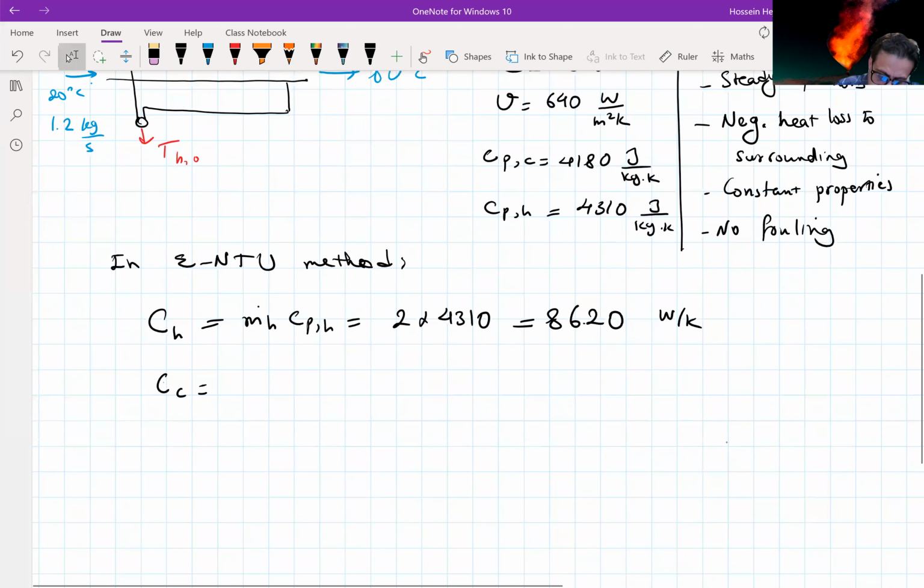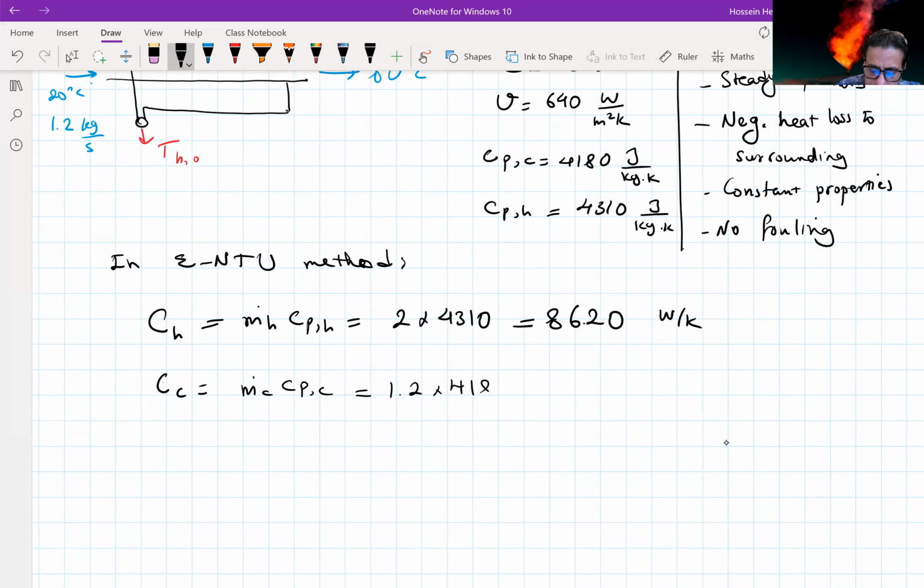Cc, the heat capacity rate for the cold stream, is m dot c Cp,c, which is 1.2 times 4180, going to be 5016 watt per Kelvin. So these are the heat capacity rates.